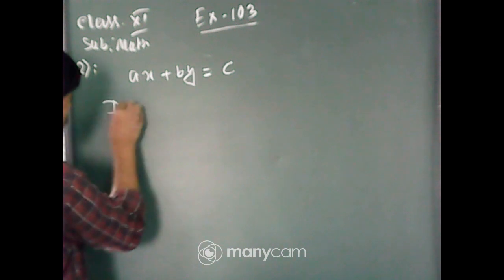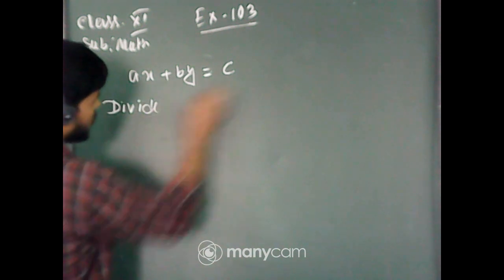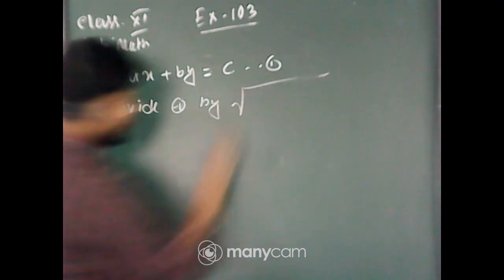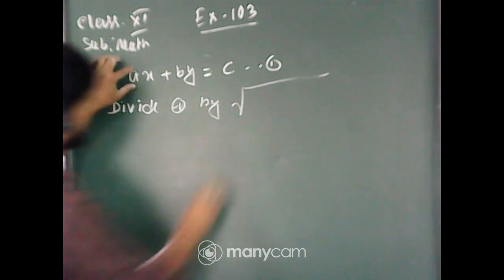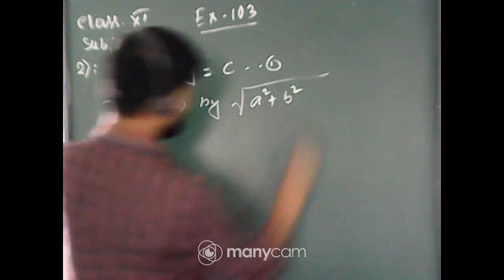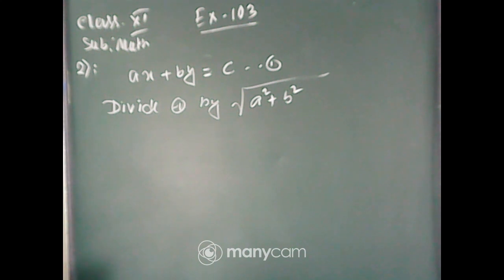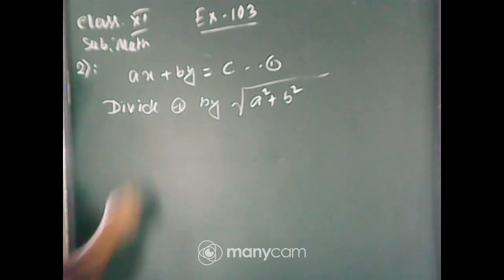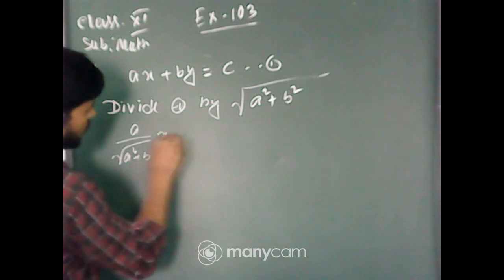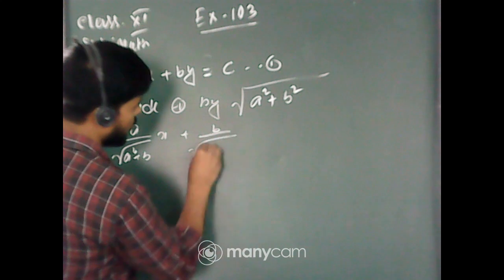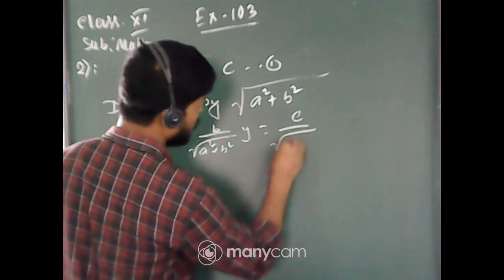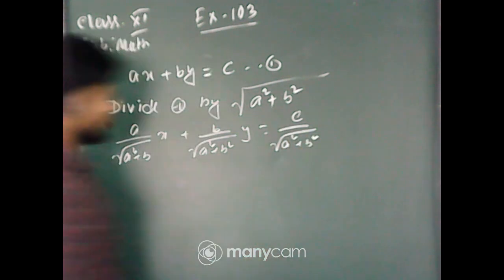divide equation number 1 by the square root of the coefficient of x squared plus the coefficient of y squared. So we have a by root over a square plus b square, x plus b by root over a square plus b square, y is equal to c by root over a square plus b square.